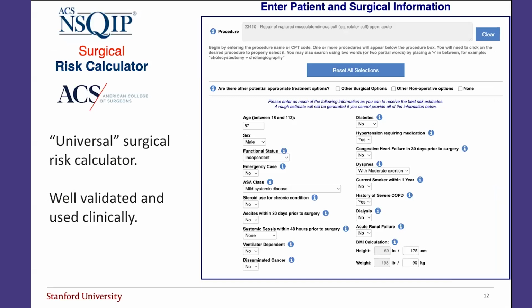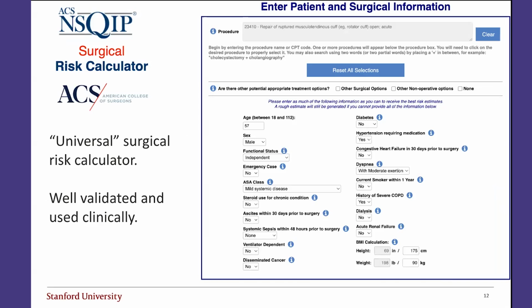It's a website that you go to, you put in patient information. On the top, you'll see that I've put in that our patient needs a rotator cuff repair. So this is looking up the procedure name or CPT code, and this gets factored into the predictive model. And then you have to extract out specific information.